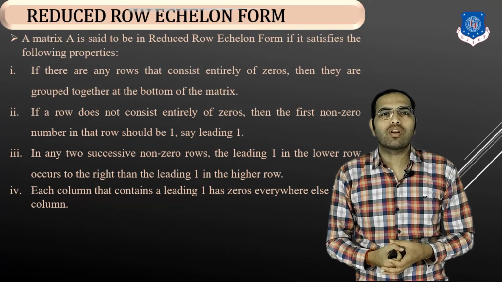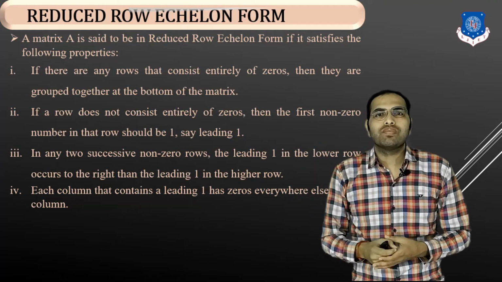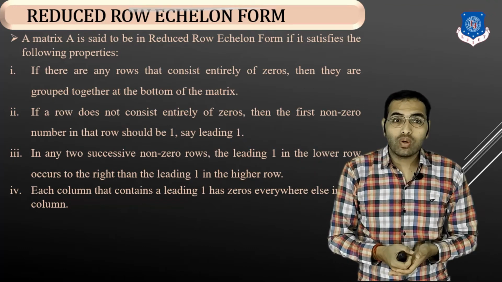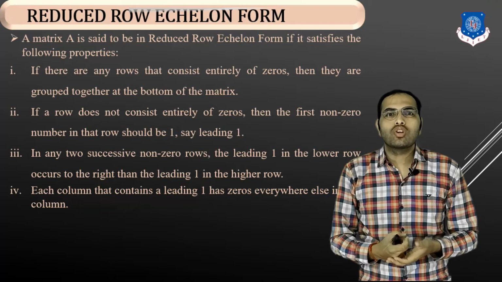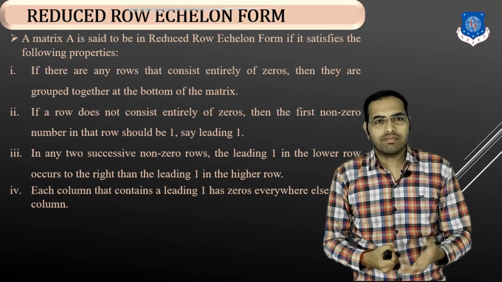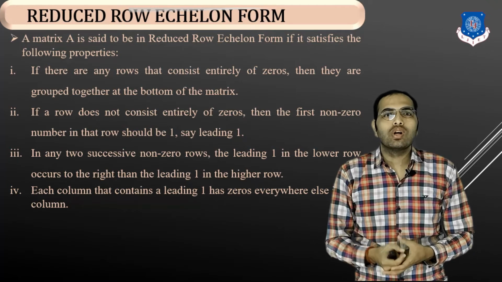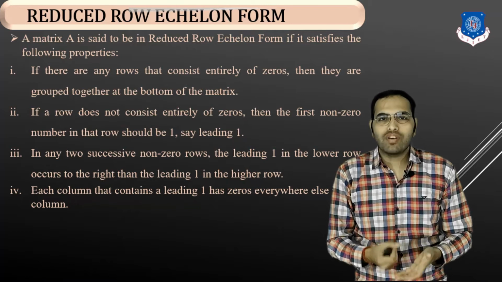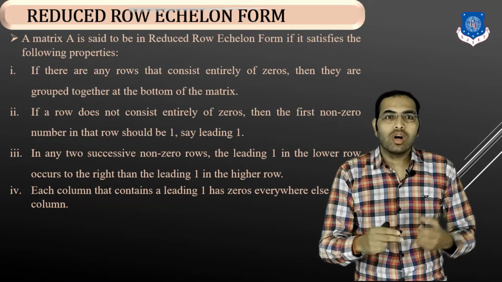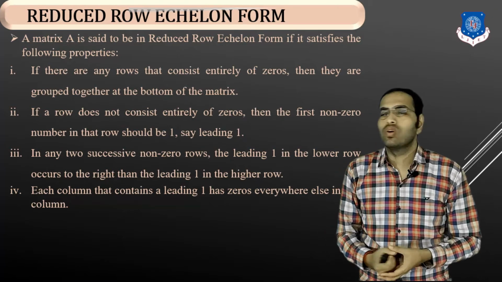Secondly, if a row does not consist entirely of zeros, then the first non-zero number in the row should be 1. It is called the leading element as well as the pivot element. Third one: in any two successive non-zero rows, the leading 1 in the lower row occurs to the right of the leading 1 in the higher row.